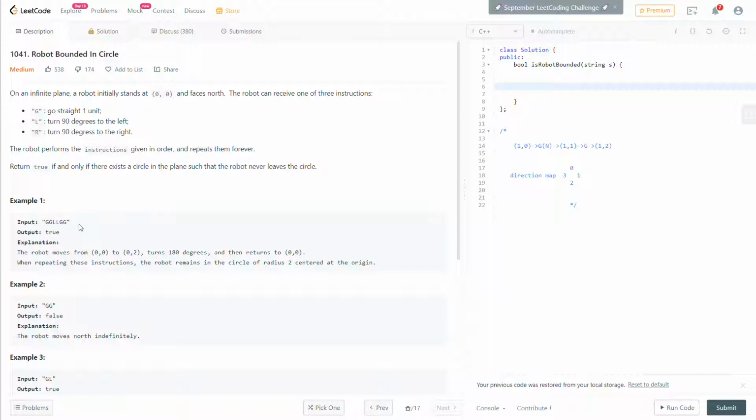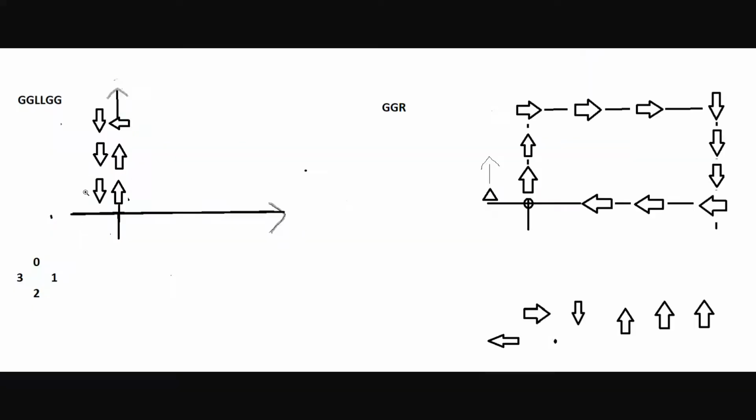Okay, I've drawn it. Let's see that. It is given G, G, L, L, G, G. So what does that mean? The robot is initially at 0, 0. It has received an instruction G, so it has moved 1 unit up in the Y direction.